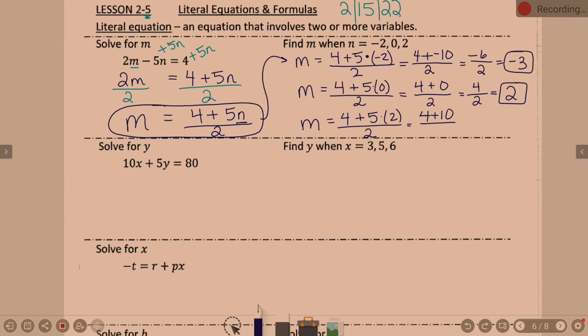So now I have 4 plus 10 divided by 2. 4 plus 10 is 14. And 14 divided by 2 is 7. Yeah, it's different. And it's different because you ended up actually adding these as opposed to subtracting these.